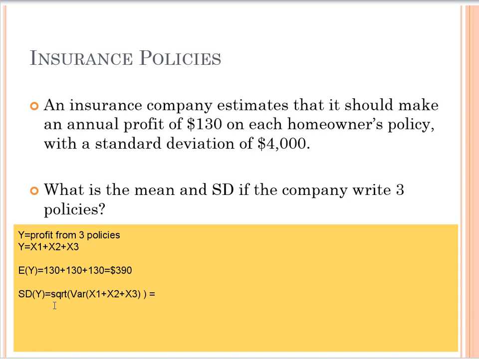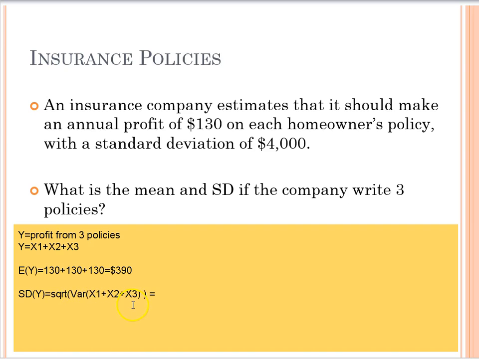So much like our problem with 3 egg cartons, we're interested in summing up 3 random variables to create a new random variable. When we want to look at the standard deviation of that new random variable, we have to do it through the square root of the variance of those individual policies or those individual random variables.